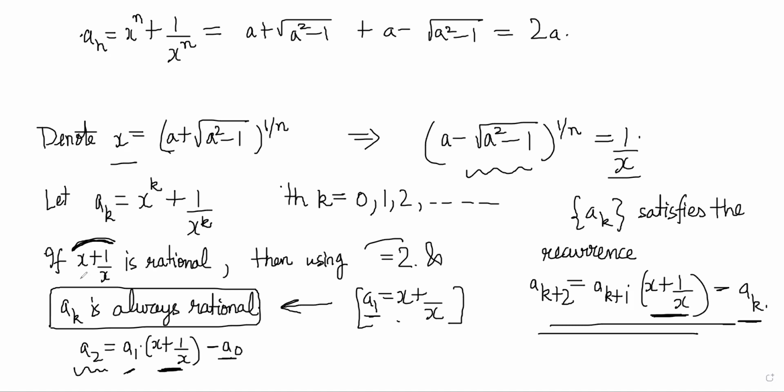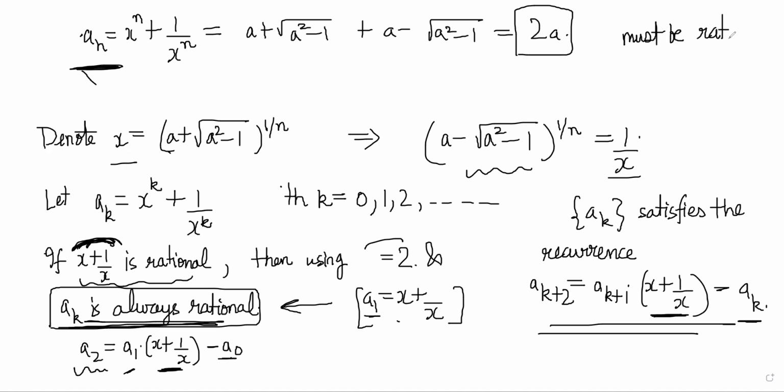So according to our statement, if x plus 1 by x was rational, all a_k's are rational. So therefore a_n must also be rational. Therefore 2a must be rational. But in the problem, it has been said that a is irrational, so 2a is irrational, and we have come to a contradiction, right?